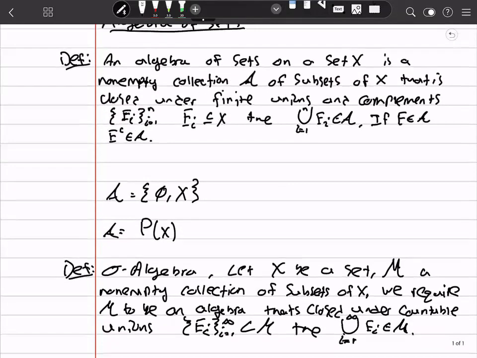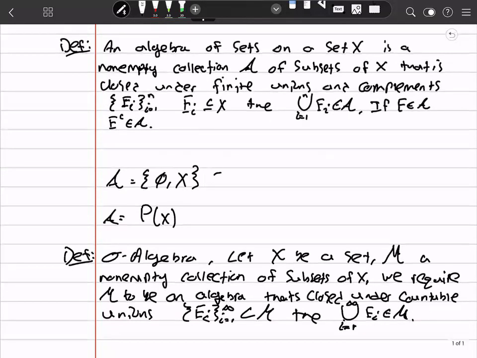M is an algebra, but it also has to be closed under countable unions. And by being closed under countable unions, we are automatically closed under finite unions, because finite unions are also countable unions.